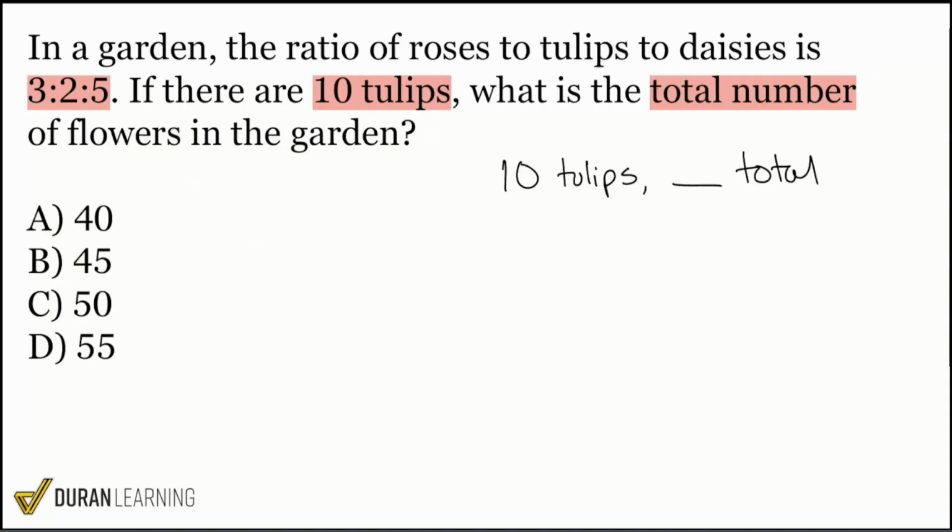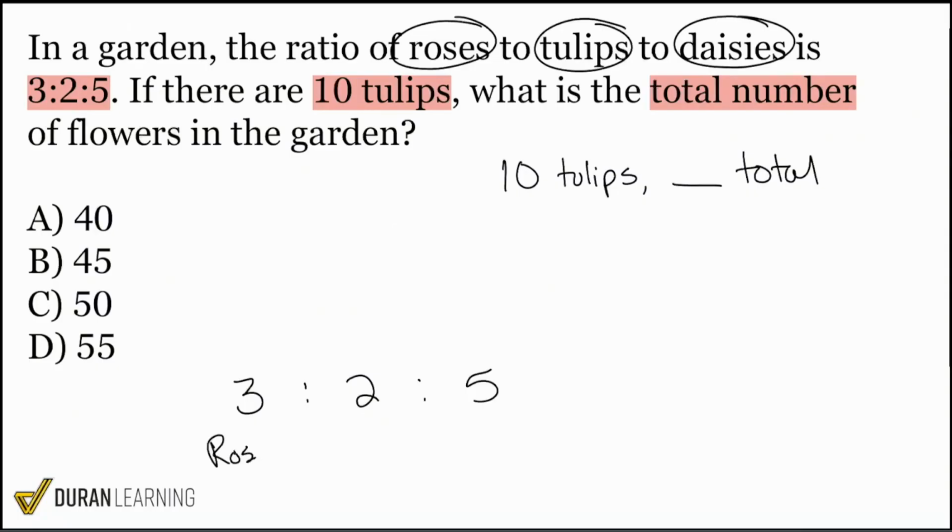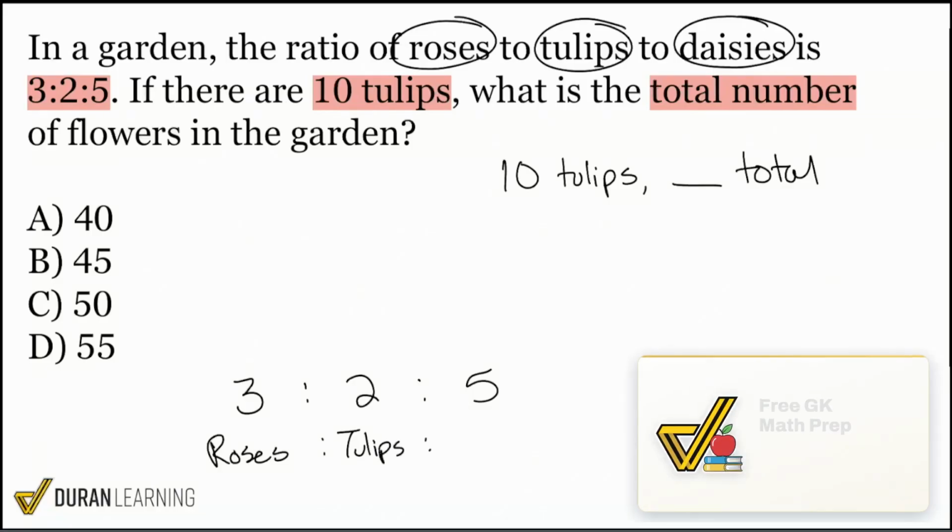Here we go. It says roses to tulips to daisies. So that 3 to 2 to 5 represents roses to tulips to daisies. With that said, which of those numbers can we already use, my party people?